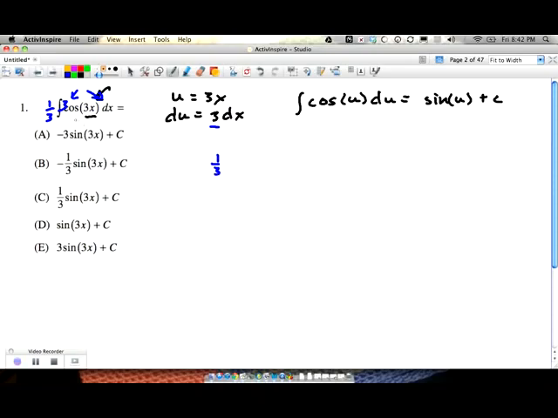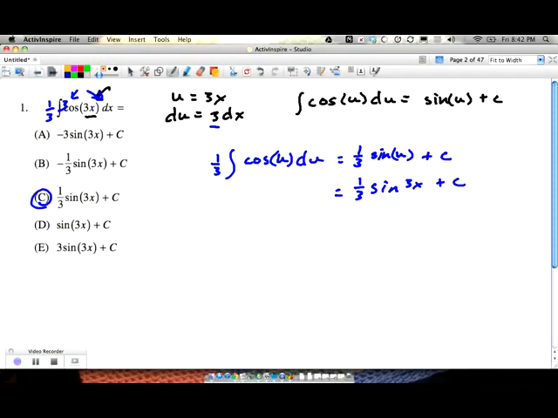So this is really 1/3, the constant on the outside, times cosine u du, which winds up being 1/3 sine of u. Okay, once I have that covered, I can translate it, plus c, don't forget the constant like always. Once I have that there, I can substitute the u back in, 1/3 sine of 3x plus c. That means the answer would have been c.